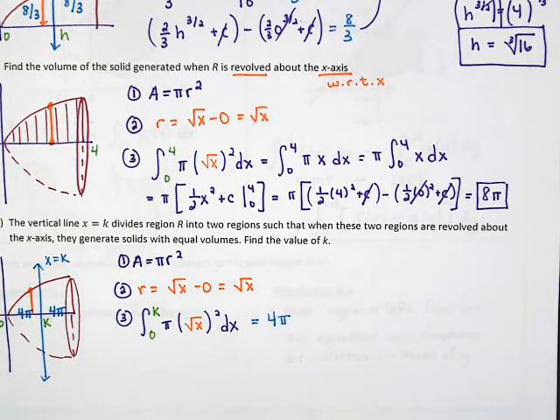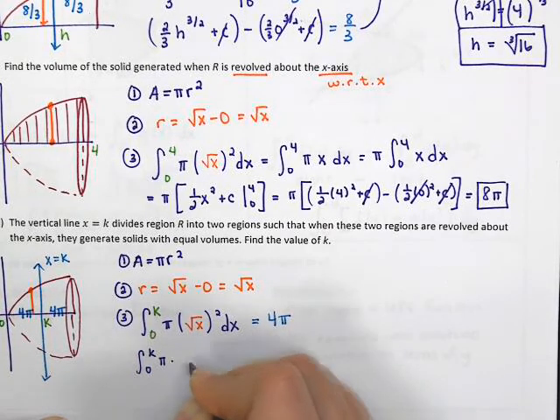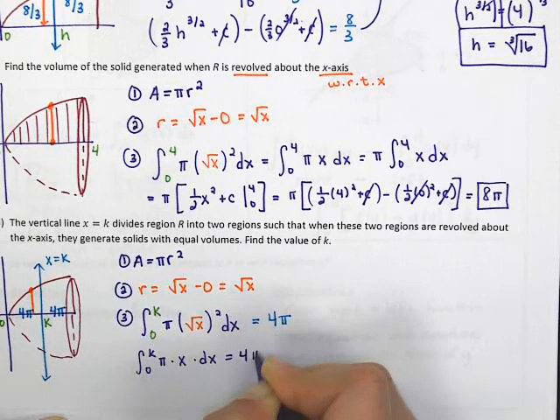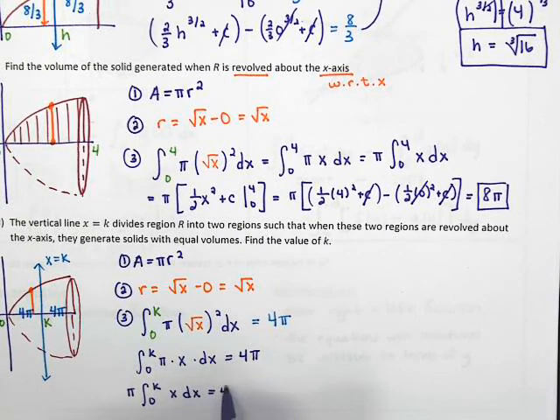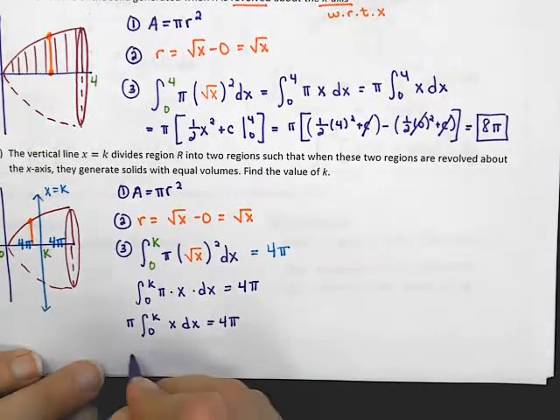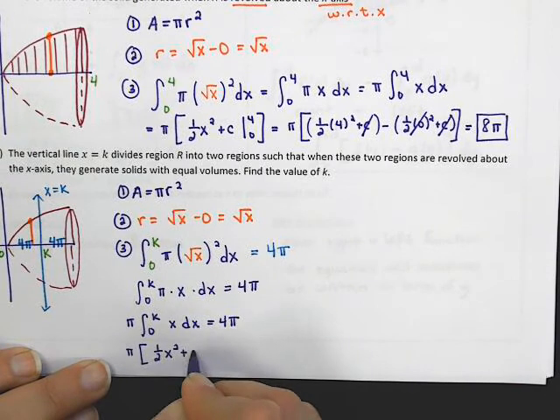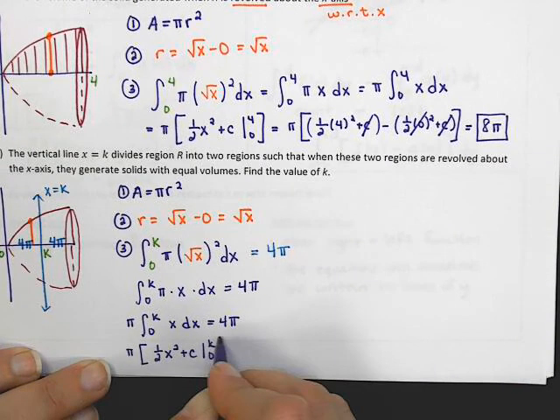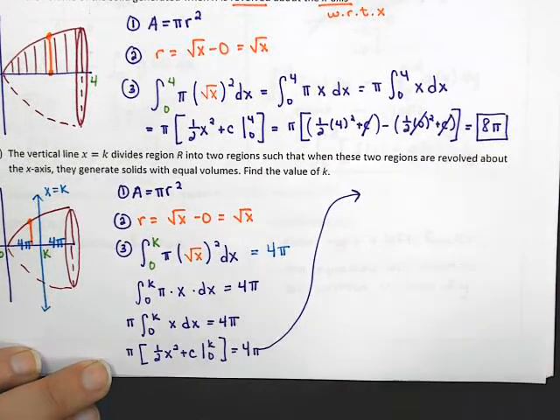So again, I'm going to simplify the integral, and I'm going to have the integral from 0 to k of pi times square root of x squared, which is just x, and we want that to equal 4 pi. I'm going to pull out the pi, I'm going to do the antiderivative, and now I'm going to work on evaluating that integral.